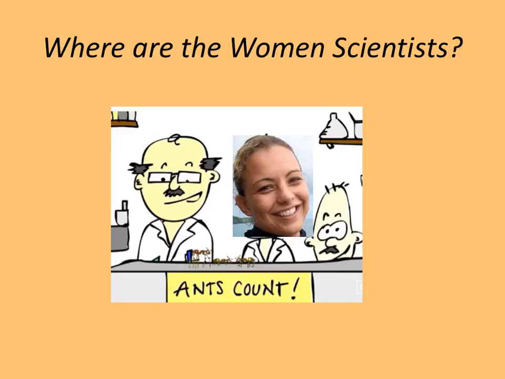Some areas of science are more likely to have more women than others. Biology, there are certainly more women in biology than there are in physics, or chemistry, or geology. But it's slowly changing. It used to be thought that brilliant mathematicians are men. For some reason they do it better. And not so much.